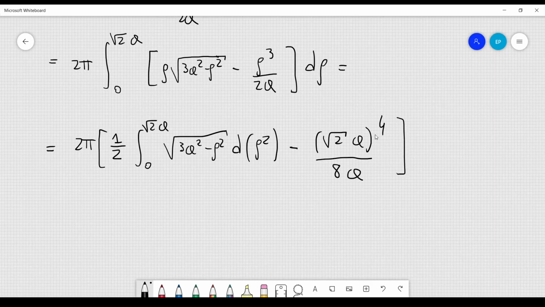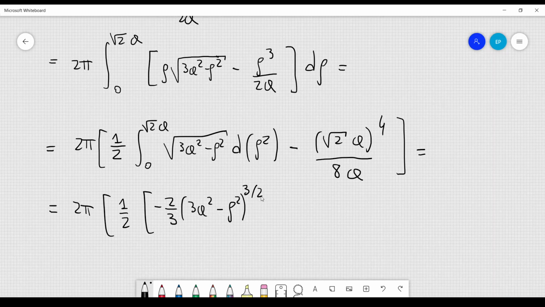If I integrate the second term, I will get that, and then I can also integrate very easily this first term. So this is equal to 2 pi, 1/2, and then I have minus 2/3 times 3a squared minus rho squared to the 3/2, evaluated between 0 and square root of 2a, minus a cubed divided by 2.